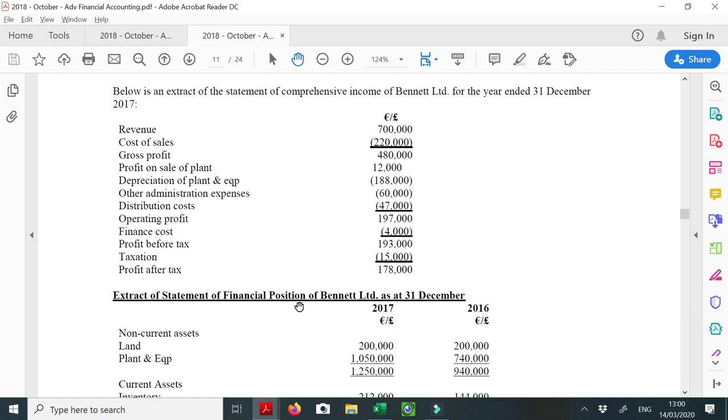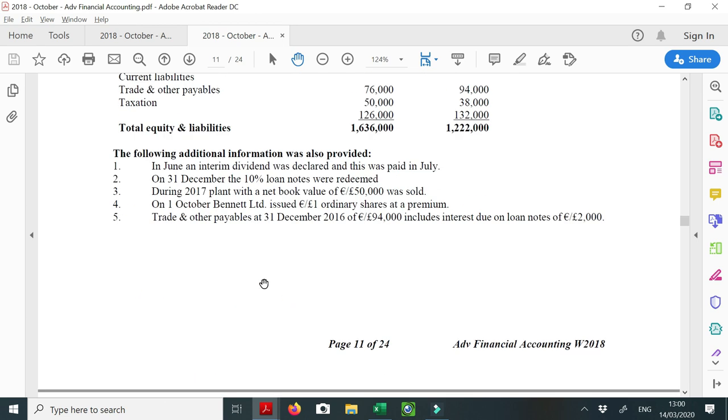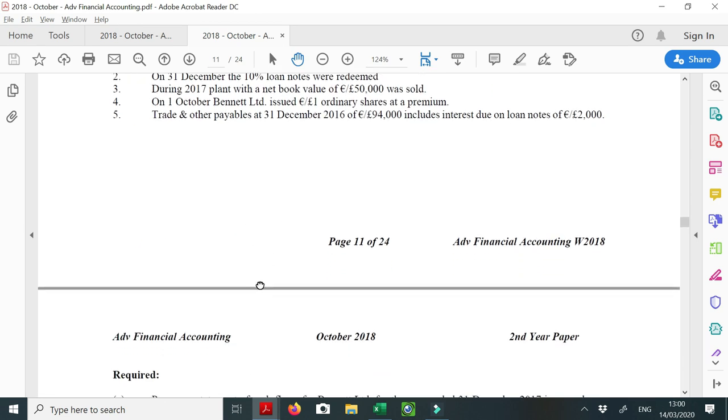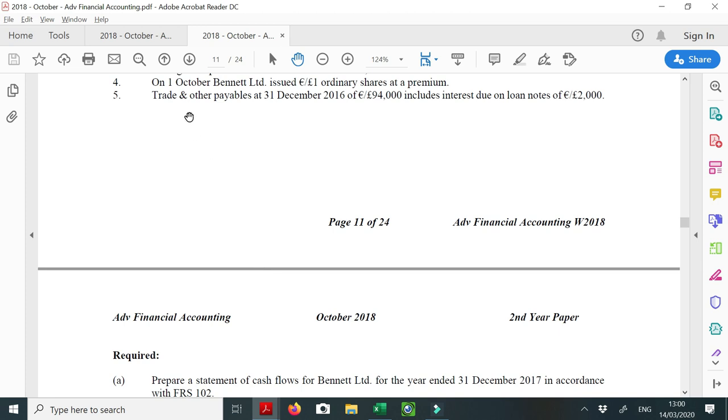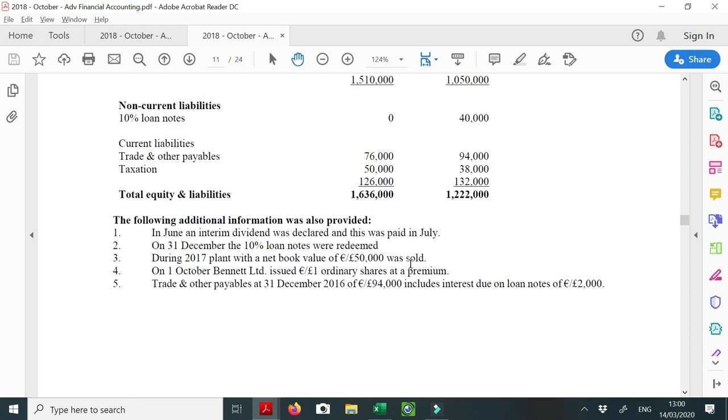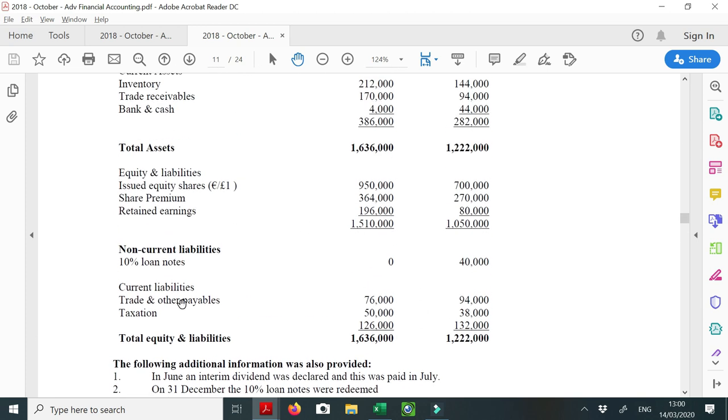Okay, so looking at my next note, which is note number 4, and it says on the 1st of October, the company issued €1 ordinary shares at a premium. Well, we kind of knew that from looking at the question, because it's kind of implicit. It's gone from 700 up to 950, and there obviously was a premium in it.